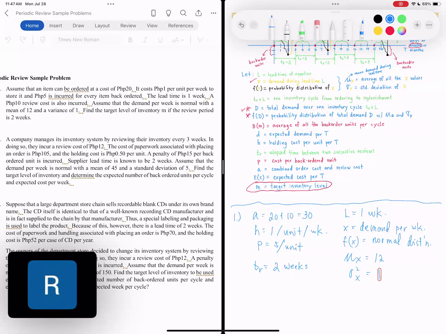So we have written down all the given information in the problem.